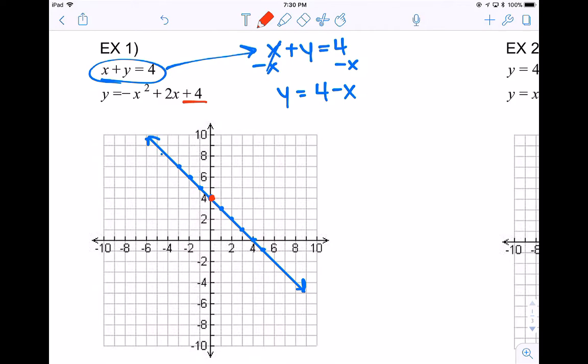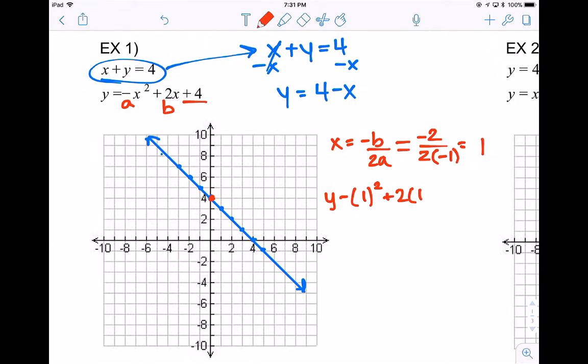To find the vertex of our parabola, we can use the formula negative b over 2a, which will be negative 2 divided by 2 times negative 1, where this is our a and this is our b. That gives us negative 2 divided by negative 2, which is just 1. Then to find our y value, we'll take that 1 and plug it back in for all the x's in our equation. This will give us the y value of our vertex.